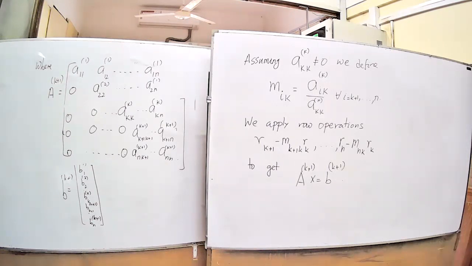After k steps, you will get the k plus 1 system, which looks like this.